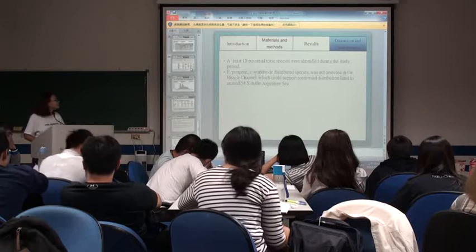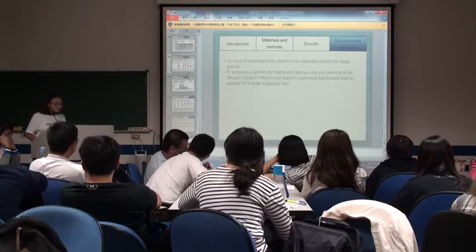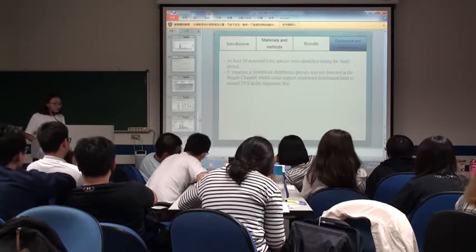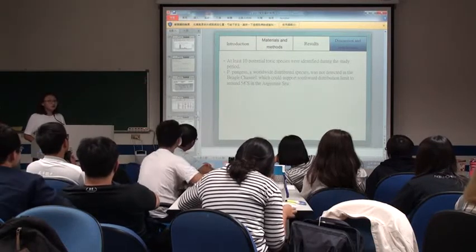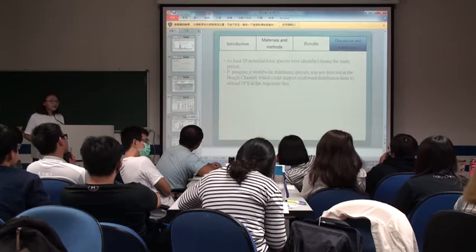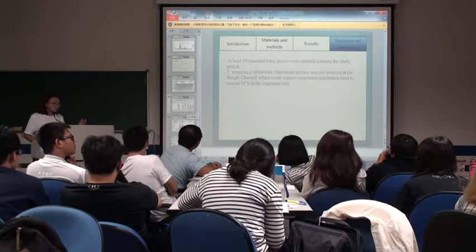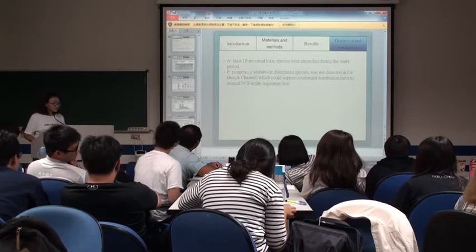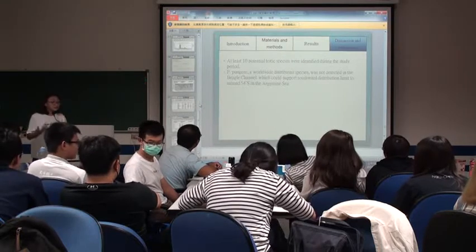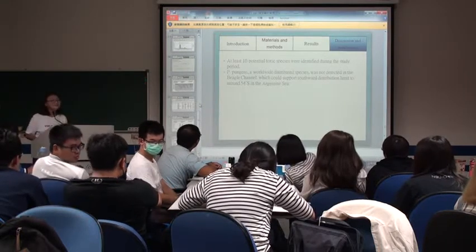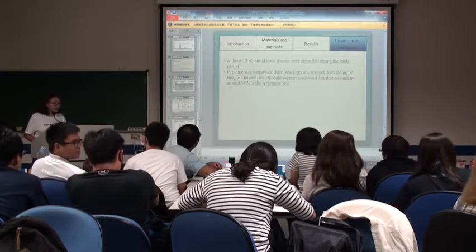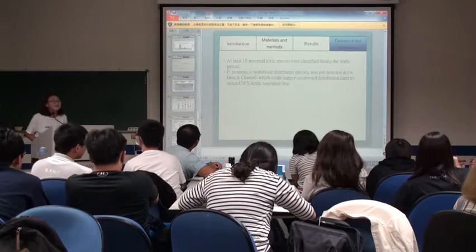How we get the data? The research group stayed in the Beagle Channel for 1 year, and they took this data to support their thing. But why, I actually don't know.